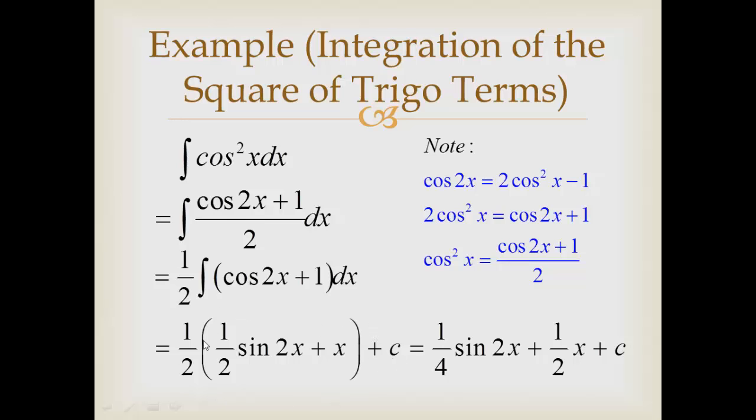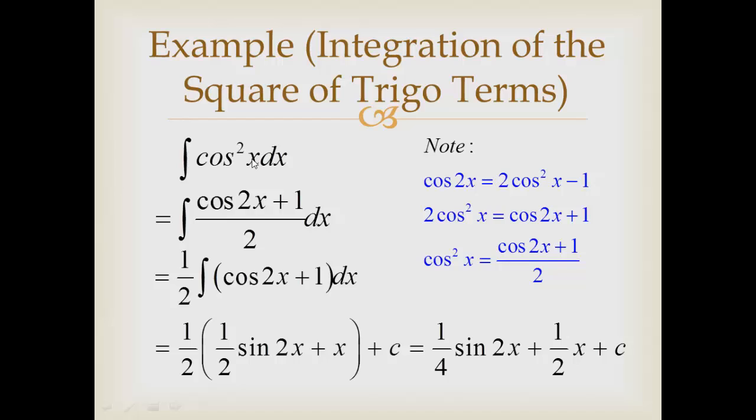Expanding this bracket, half times half sine 2x, I get 1/4 sine 2x, plus half times x, I get half x, and then plus c. That will be my final answer to this question. So we have done the integration of cos square.